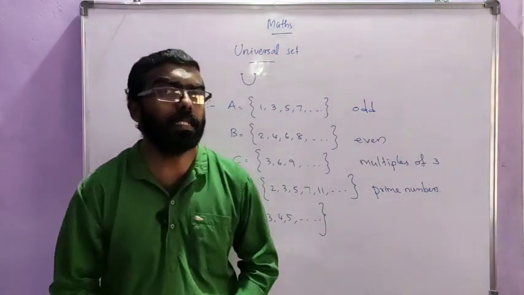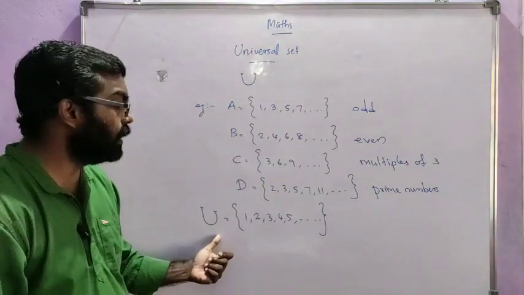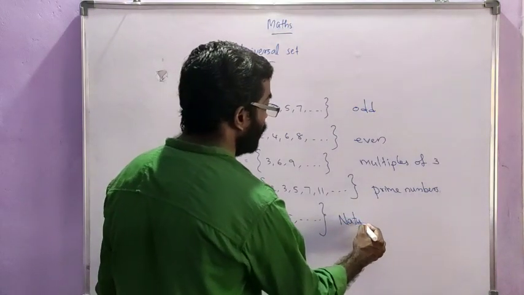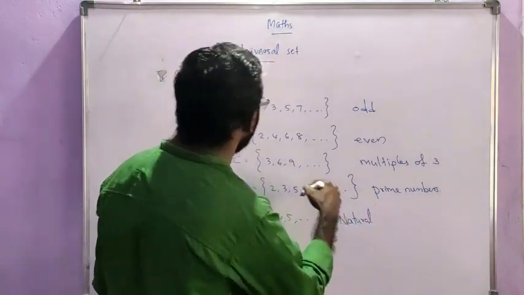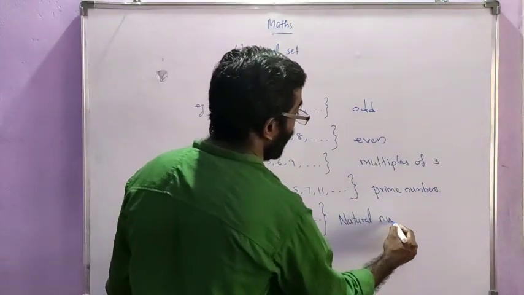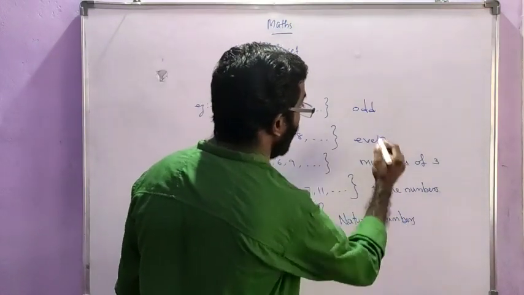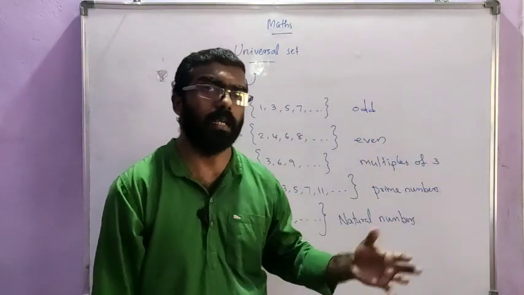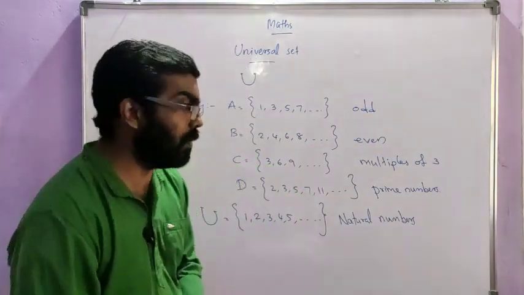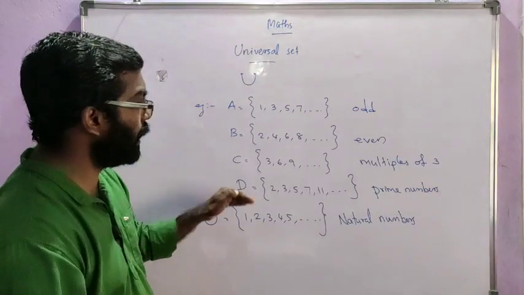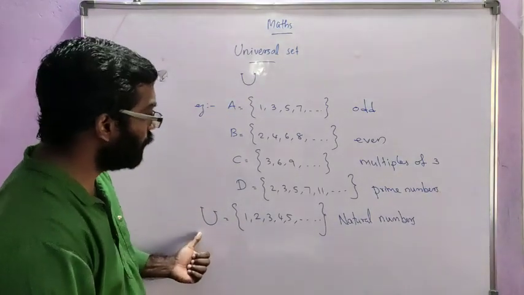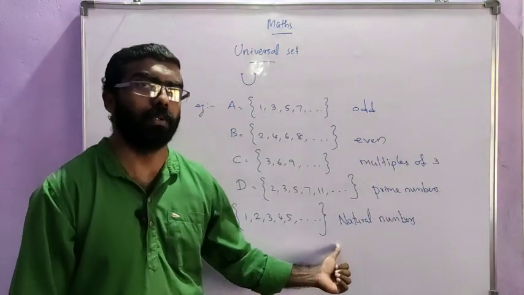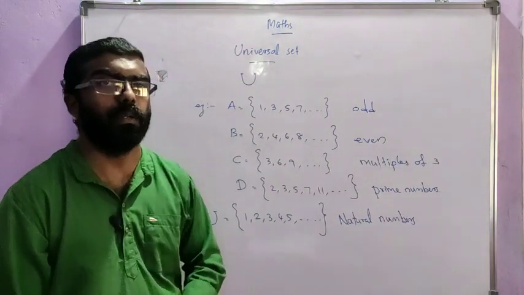So in this discussion we can take U as the set of all natural numbers since it contains all the sets, namely the set of all odd numbers, the set of all even numbers, the set of all multiples of 3 and the set of all prime numbers. All these sets A, B, C and D are contained in the set U, the set of all natural numbers 1, 2, 3, 4, 5 and so on.